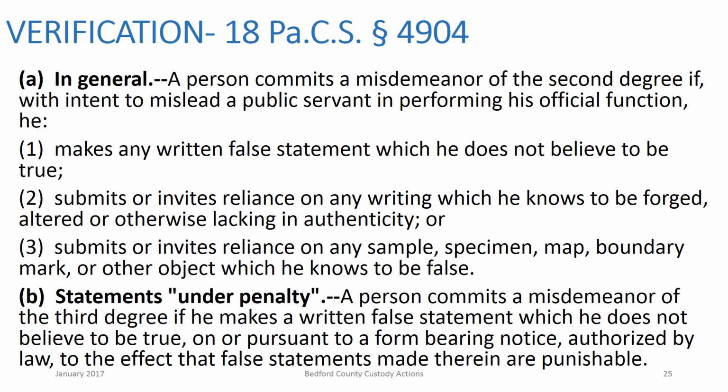So specifically, if you look at subsection B, a person commits a misdemeanor of the 3rd degree if he makes a written false statement, which he does not believe to be true, on or pursuant to a form bearing notice authorized by law to the effect that false statements made therein are punishable. So you really want to go through these legal documents that you're completing and make sure that everything you are putting in there is true.